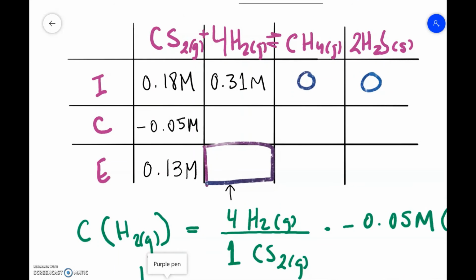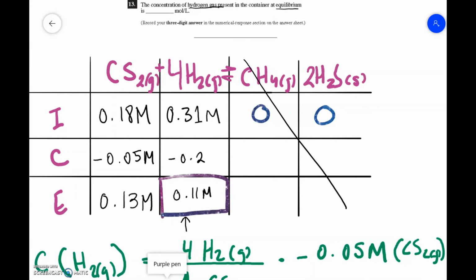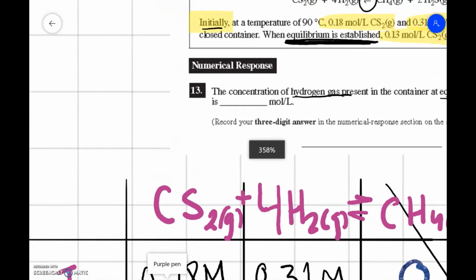So let's input that value into our table, which is pretty simple. You take the initial concentration and add your change, because this negative sign means that we are going down, and our equilibrium concentration should be 0.11 moles per liter. As you can see, we did nothing with the products in this question because it was unnecessary. If you did fill it out, just make sure you're reading the question carefully and understanding what it is asking you to do instead of doing extra work that you don't need to.